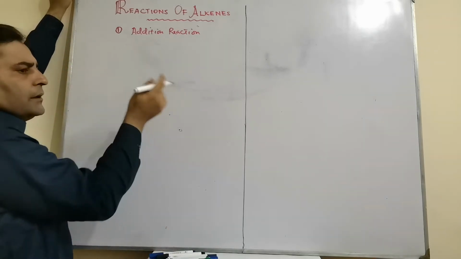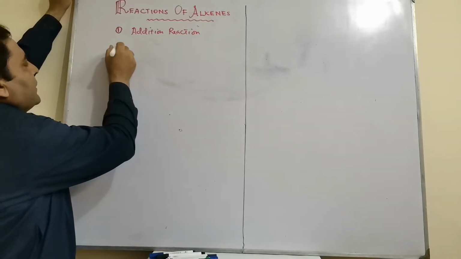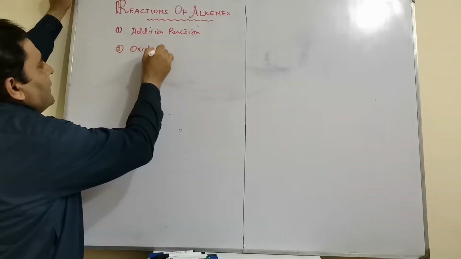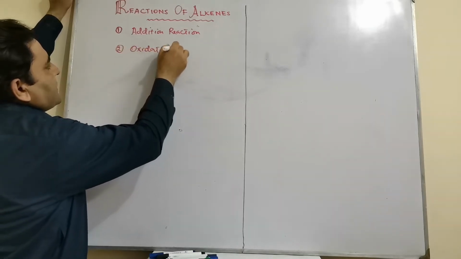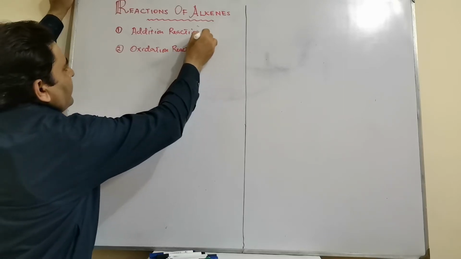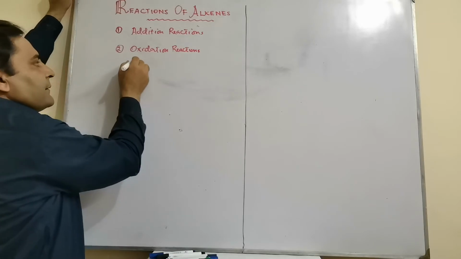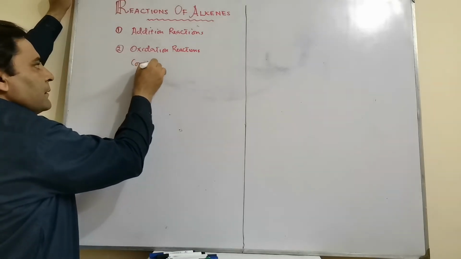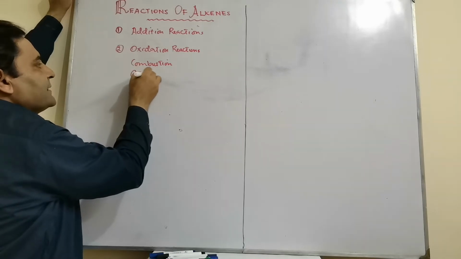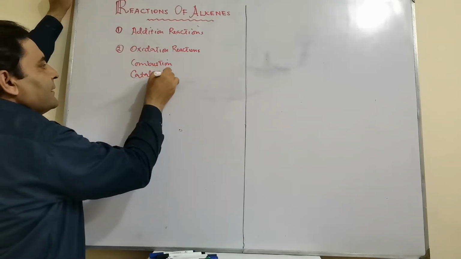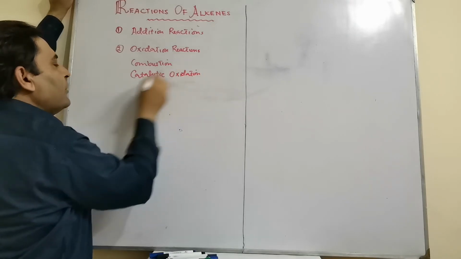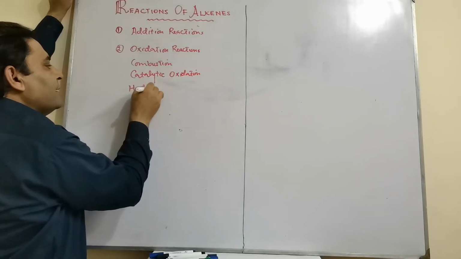The other one, reactions with oxygen, are called oxidation reactions. In oxidation reactions, we will discuss first of all its combustion, and then catalytic oxidation, and in the end we will discuss its hydroxylation also here.